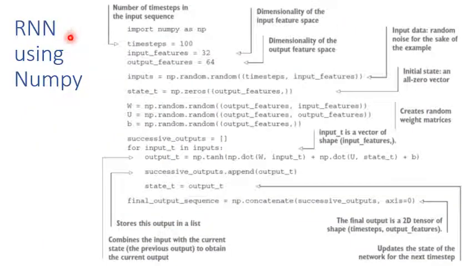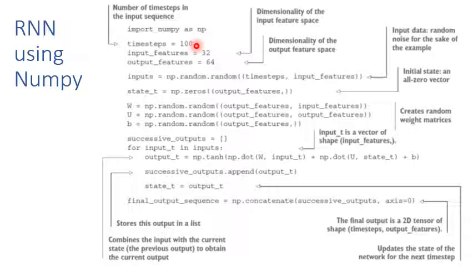Now we are ready to implement our simple RNN using Numpy. Then this code can be used directly to train models. In fact, this is part of the code of simple RNN layer in Keras. So first, we need to define the time steps, how many samples we want to use in a time series data.